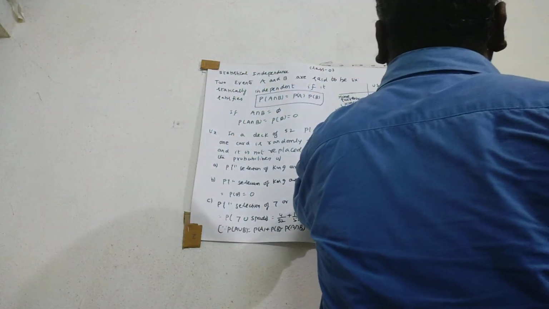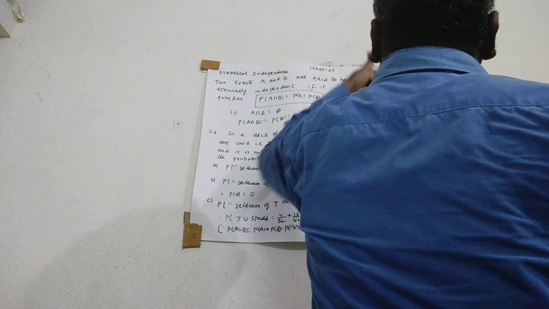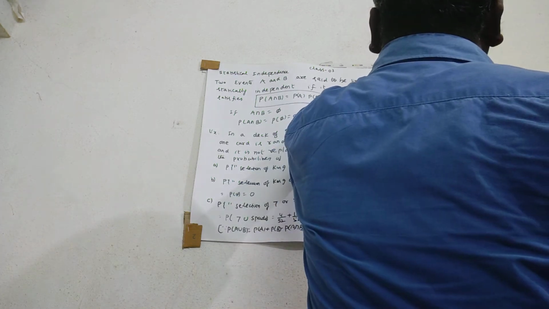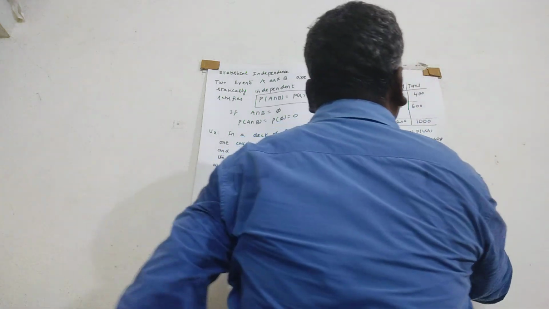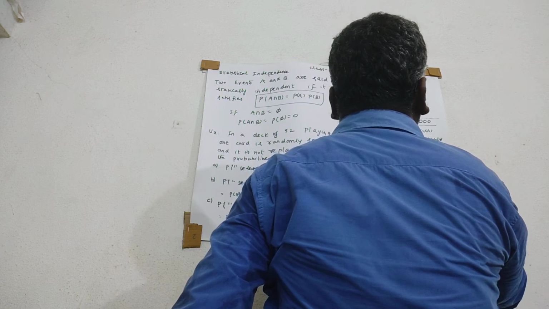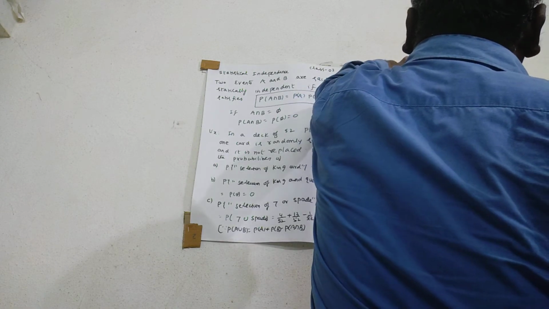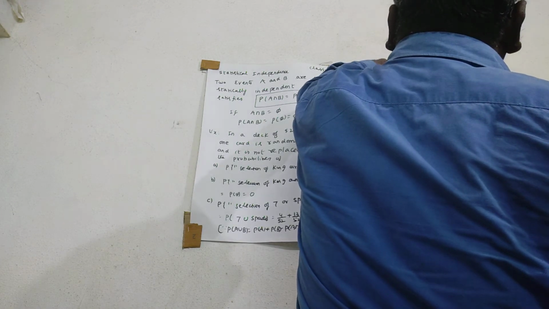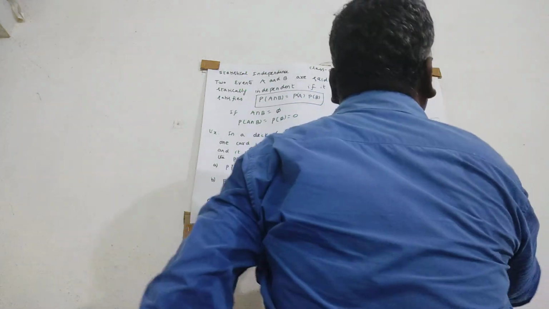Similarly, what are the home quarantined in Italy? It is 100 out of 200, hence it is 100 by 200. What is the probability of Italy? Probability of Italy is 200 out of 1000.